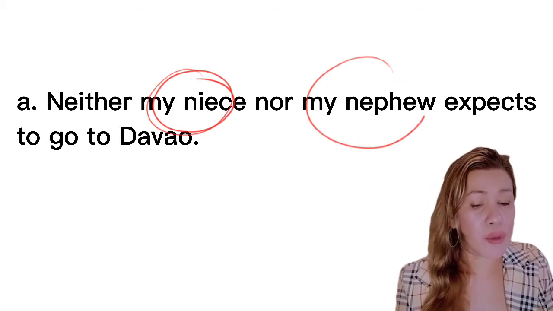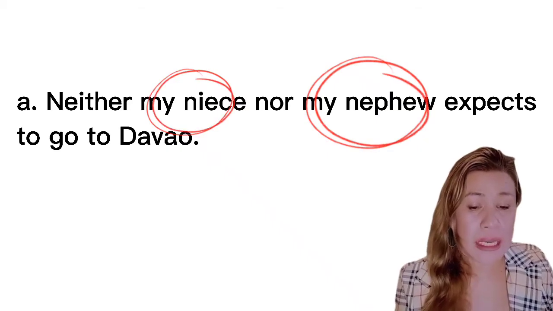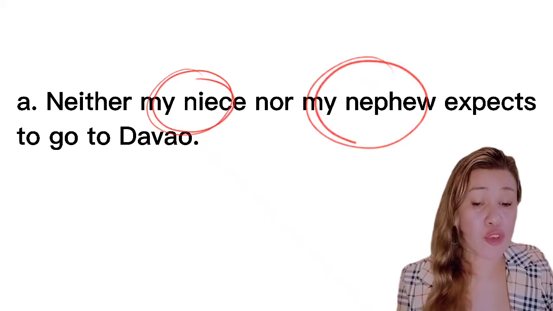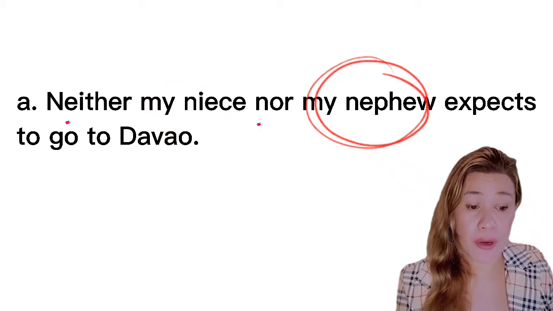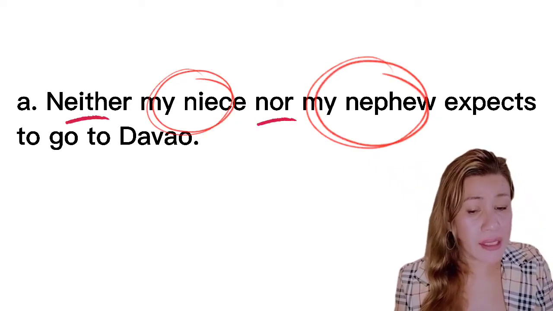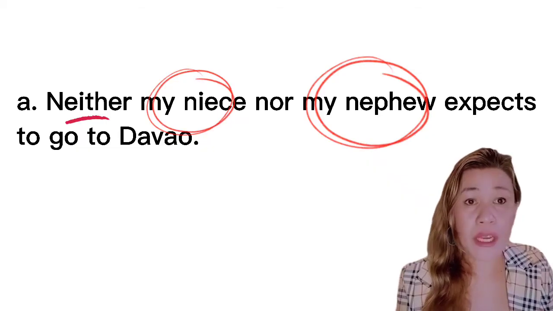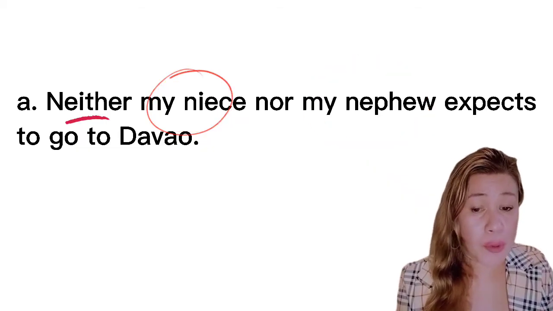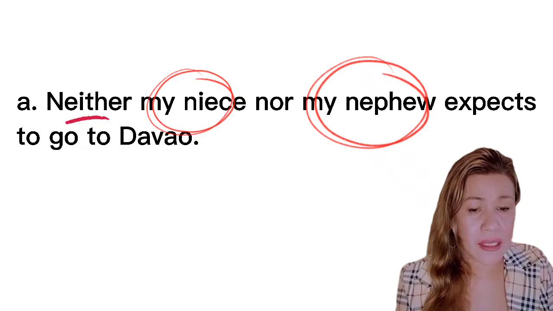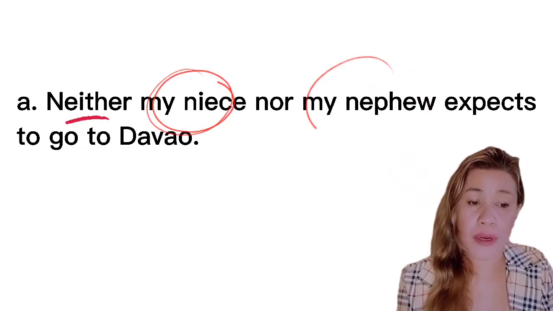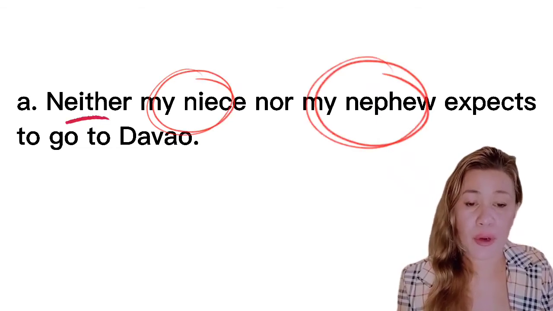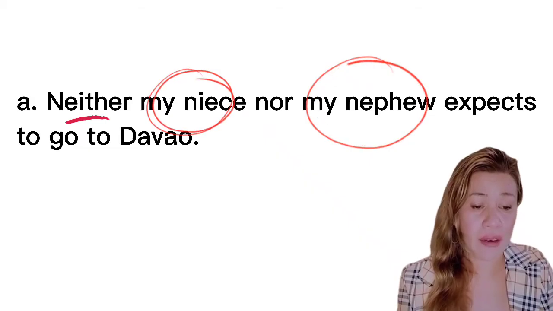Okay? So you have two singular subjects, my niece and my nephew, joined by neither nor. And since you have two singular subjects joined by neither nor, and our rule 5A says singular subjects joined by or, nor, either or, and neither nor require a singular verb.